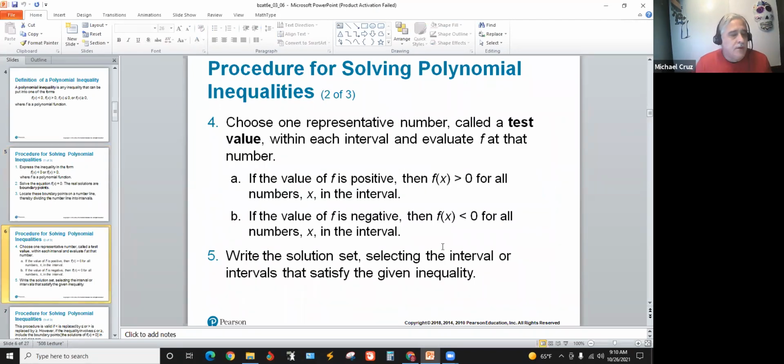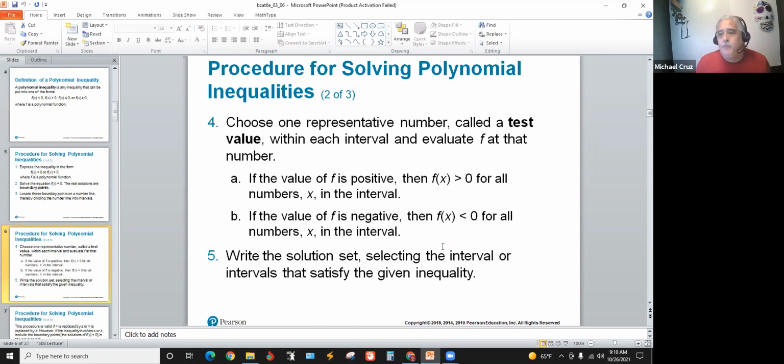Once we have these boundary points, it's going to make at least two different segments of the graph, because if you have one boundary point, there's half on one side and another half on the other side. And if you have two or three, it's going to create several little segments that we need to check.